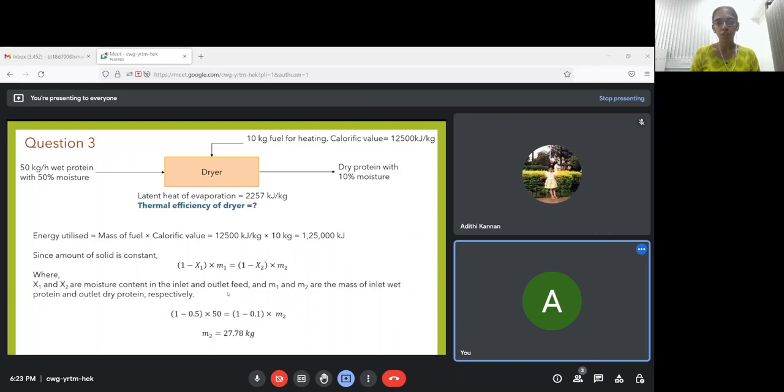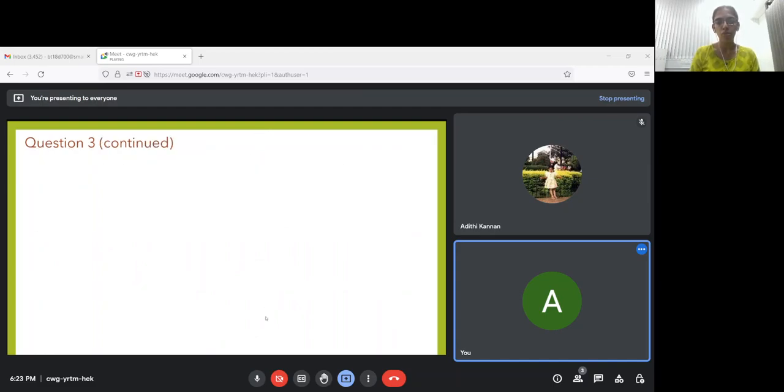So the rest of the mass should be water that is being evaporated because of the fuel burning and the drying process. So in order to calculate how much water is being evaporated, we calculate m1 minus m2, that is the mass of the wet protein minus the mass of the dry protein. That will give us the total water lost. So 50 kg minus 27.78 kg gives us 22.22 kg of water being lost.